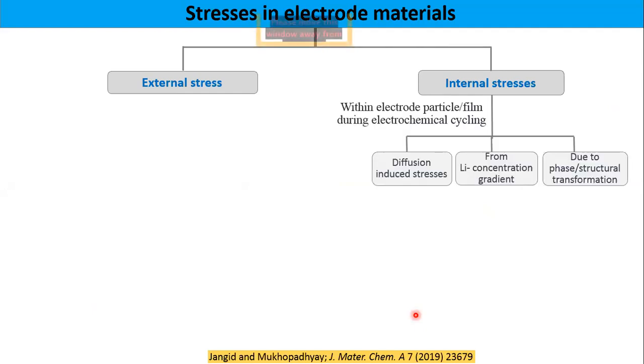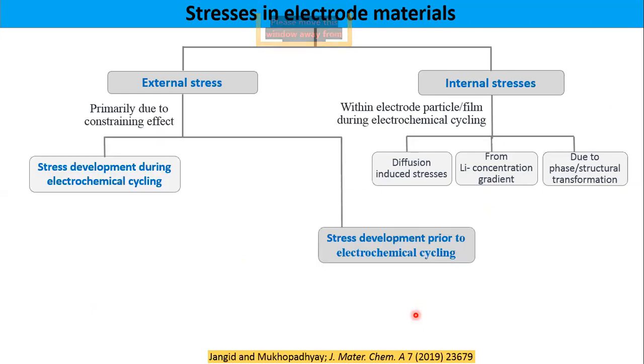The stresses within the electrode materials can be due to the diffusion of the lithium species, the concentration developed due to the lithium storage within the material, or the phase transformation or structural transformation during the electrochemical cycle.